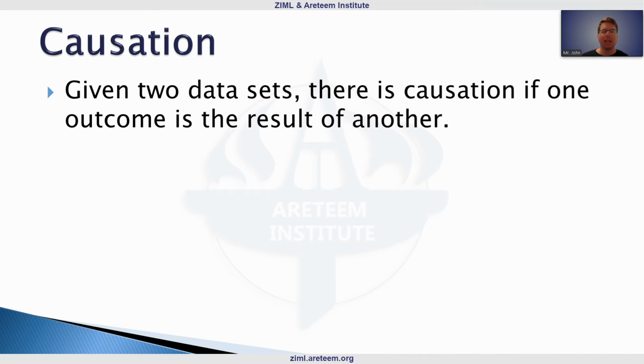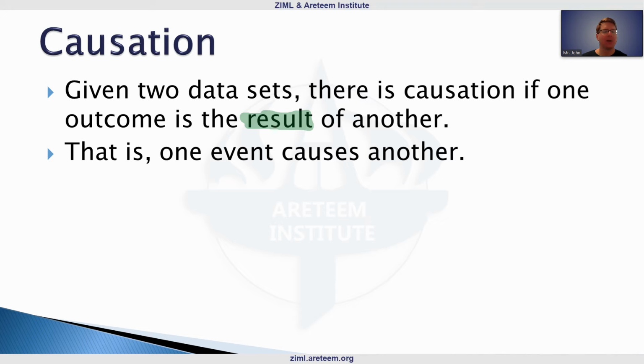Now, causation is if one outcome is the result of the other. This is a little bit trickier, but let me highlight this word result here. I know you're not supposed to define words with the exact same word, but this is really one event or one thing causes another.